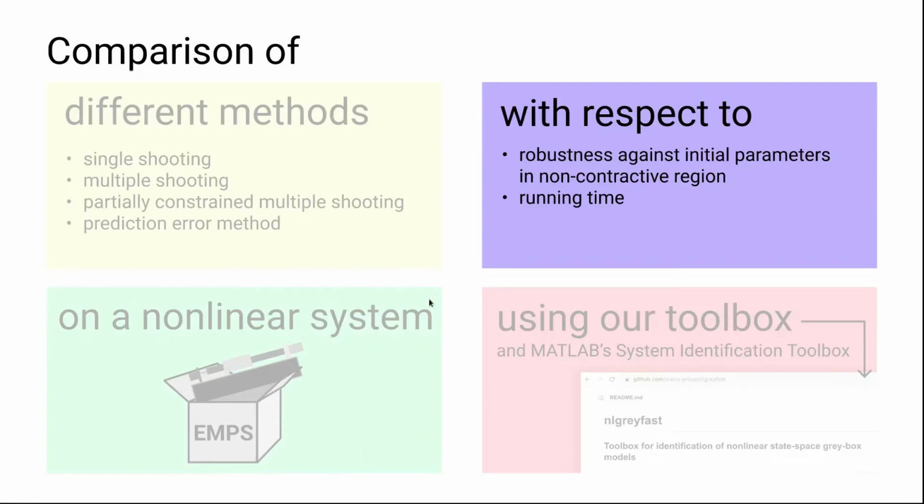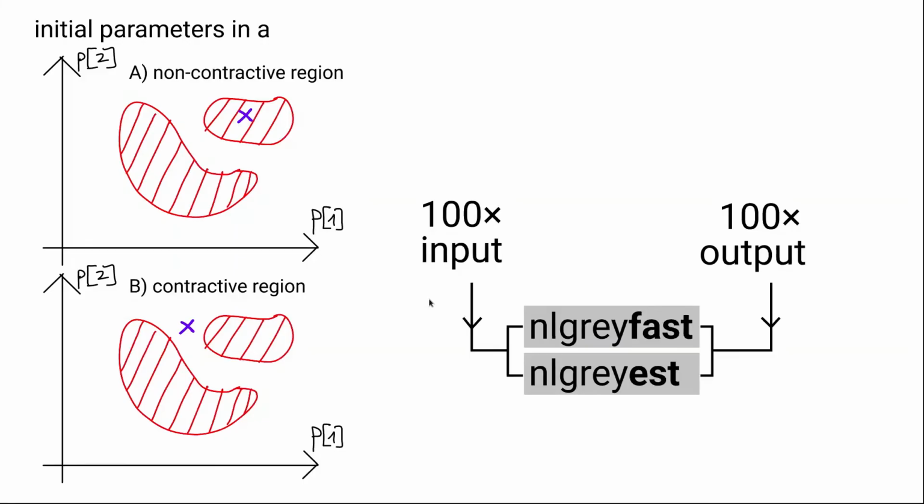For the comparison with respect to robustness, in the estimation we used initial parameter values that are in a non-contractive or a contractive region. So we tried both cases.